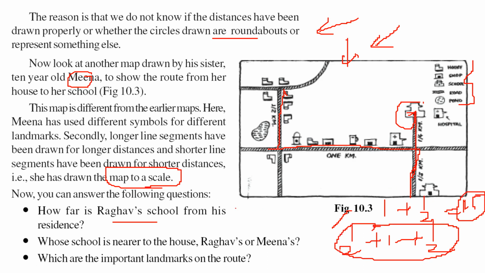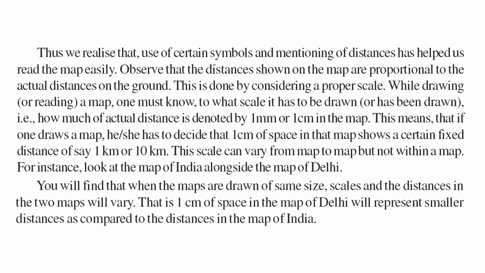And what are the important landmarks on the route? See, we have different houses here. We have different shops here. These are schools, of course, and these are a post office, and here is a small lake. This is how it is being shown. So these symbols became very important.